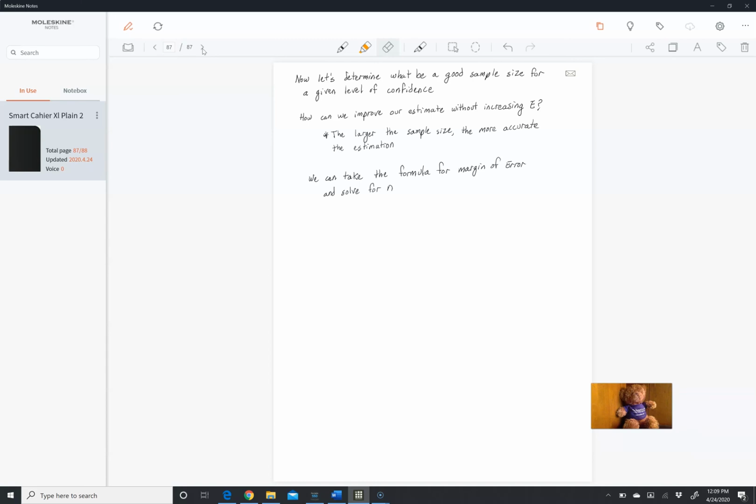So our margin of error is z sub c sigma x bar. We know that sigma x bar is sigma over the square root of n. So we're going to solve this for n.